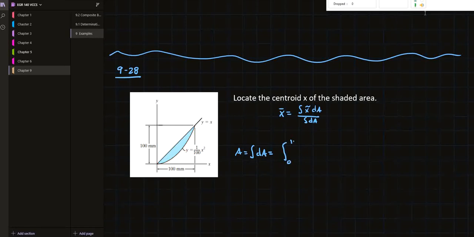So the integral from 0 to 100 of x dx. I'm writing this in terms of x. We could really say this is y, f of x dx, but f of x equals x.